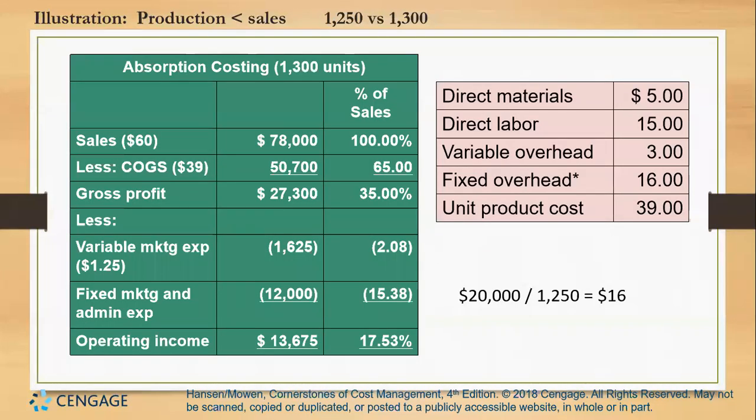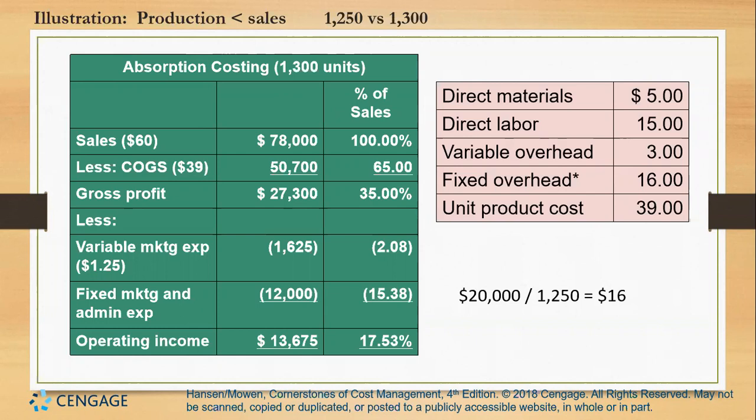So under variable costing and under absorption costing, here we have the operating income of 13,675. Our cost of goods sold is at 39, leaving the gross profit of 27,300. Again, we have sold 1,300 units. The variable marketing expense is 1.25 per unit sold, and the fixed marketing and admin expense.